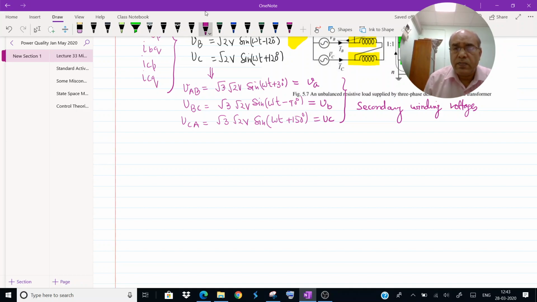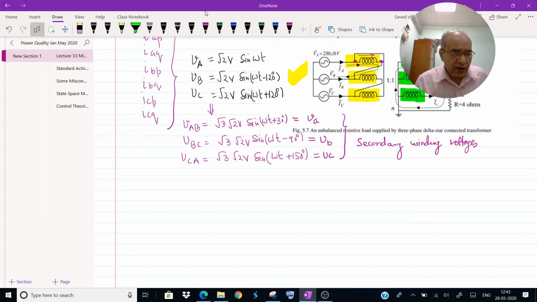Now once we know the secondary winding voltages, we can find the secondary currents, simply by taking care of the load.